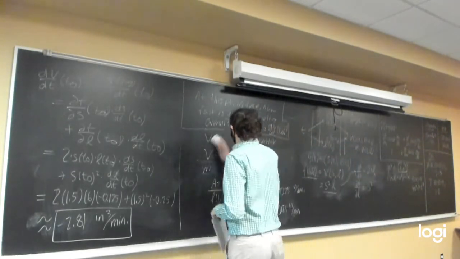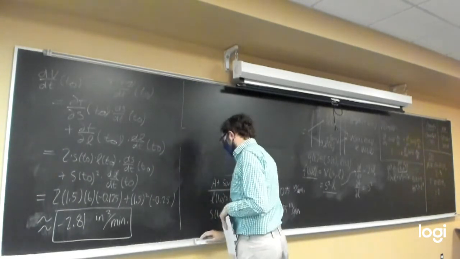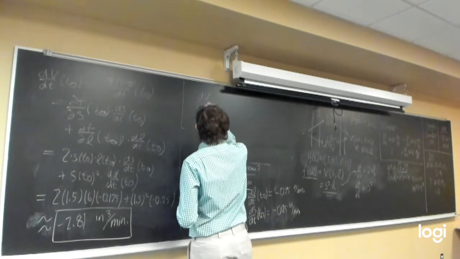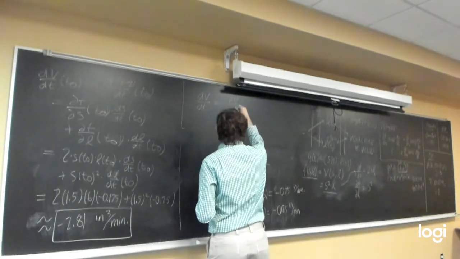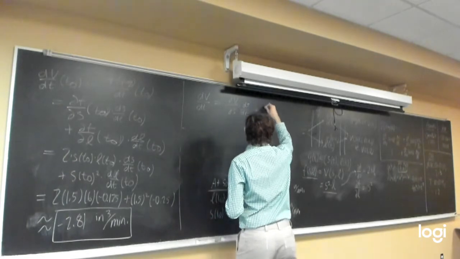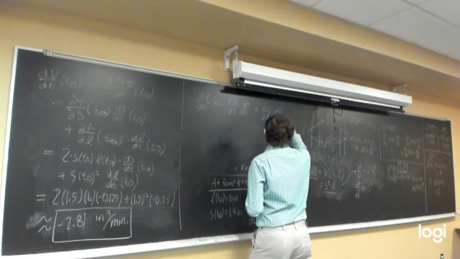Essentially, the formula we ended up using is that the derivative of volume with respect to time is del V del S times dS dt plus del V del L times dL dt.